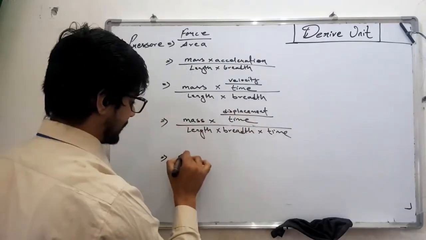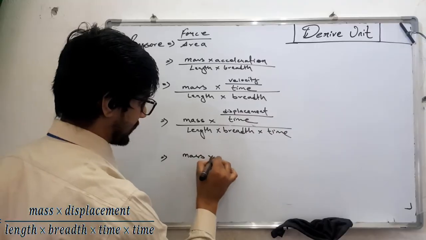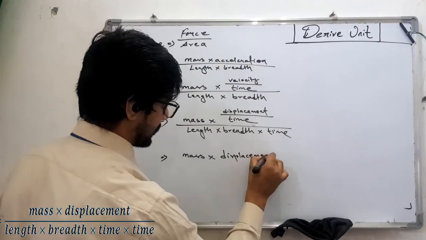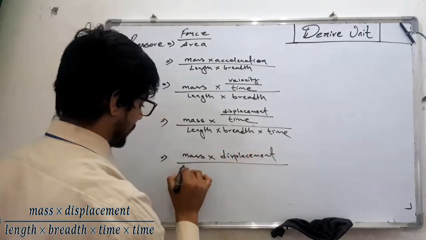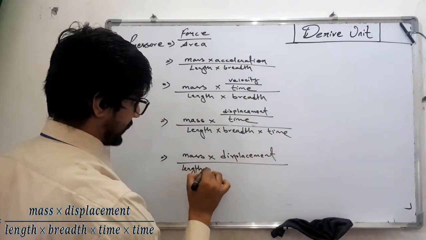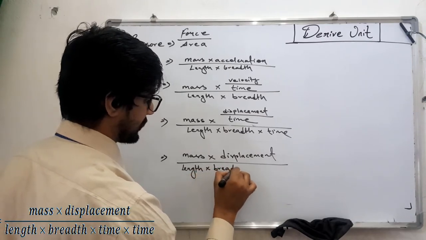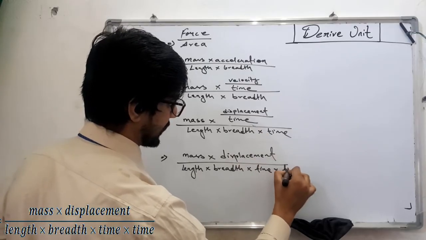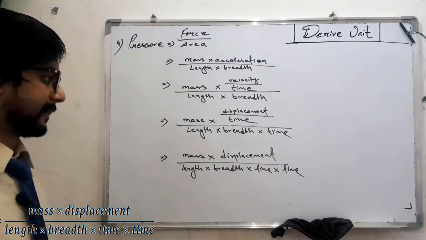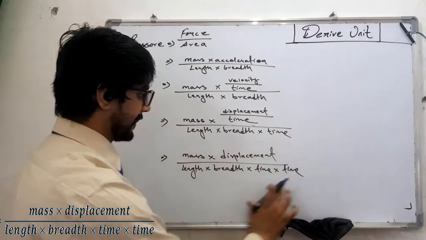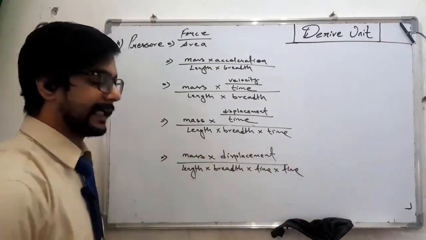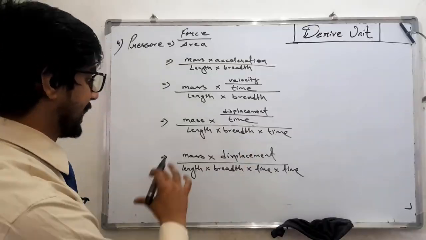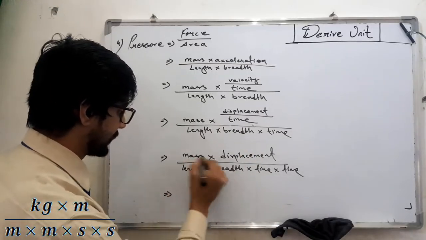Again when you arrange this, you will get mass times displacement by length into breadth into time into time. So look here, now all the terms are arranged in fundamental quantities, so I can just replace them by their units.